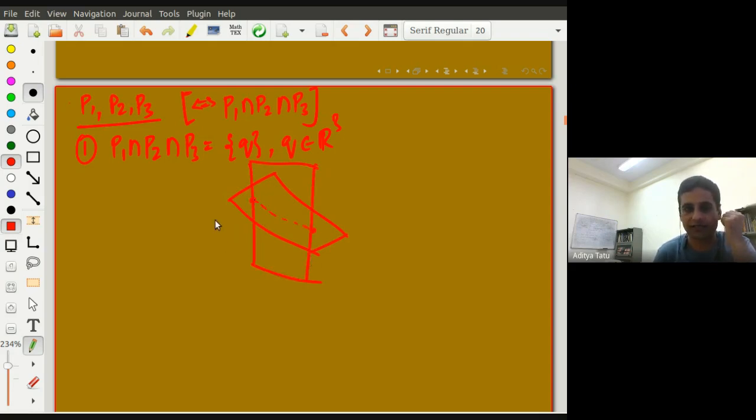Line. I'm not making any elaborate diagrams here, but I hope you get the idea. In this case, you have a unique solution.